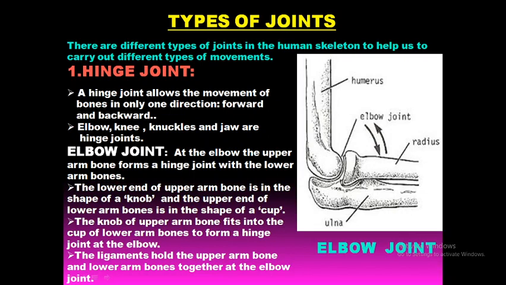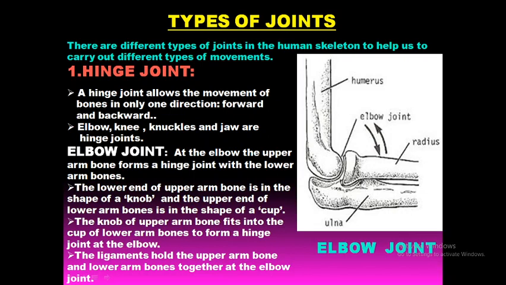That means they cannot be moved in all directions. So these are examples of the hinge joint. Now we come to the elbow joint. At the elbow, the upper arm bone forms a hinge joint with the lower arm bone.